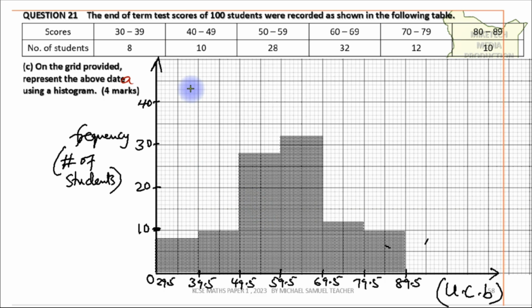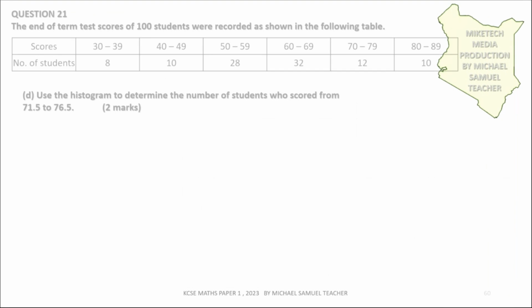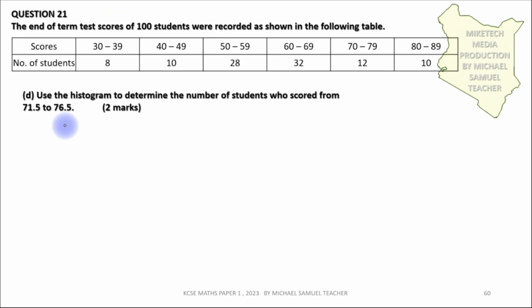So we can move to the next part, which is part D. Part D: use the histogram to determine the number of students who scored from 71.5 to 76.5.